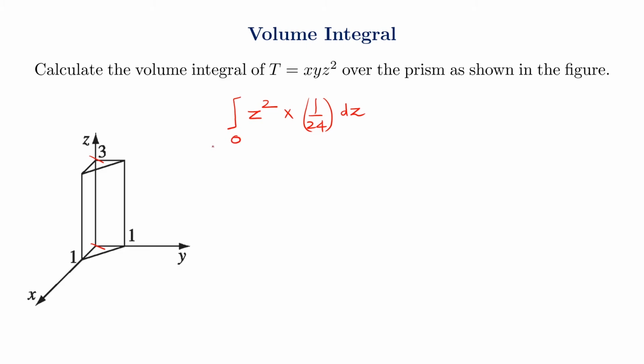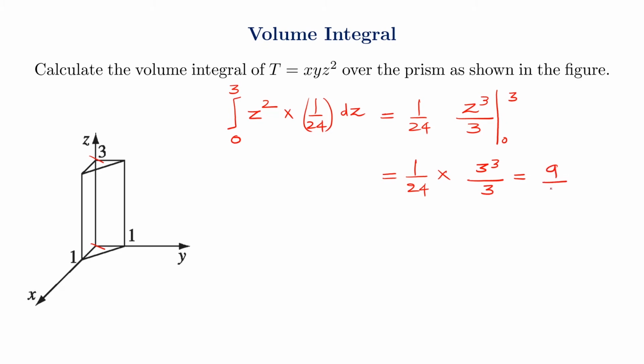Therefore, the integration limit is from 0 to 3, and this is equal to 1 by 24 times z cube divided by 3 from 0 to 3. This is equal to 1 by 24 times 3 raised to 3 divided by 3, that is equal to 9 divided by 24, which is equal to 3 divided by 8.